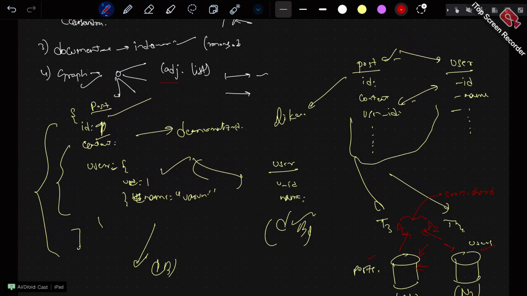Okay, so in that case what we do is we store the entire redundant data also. Along with the post, I store the users data in the same blob of JSON that I was showing over here, so in the same place we are also storing this. This is why we are denormalizing it: we are replicating the data instead of splitting the tables. So this is the place where we are going to use NoSQL, because of the redundant data.